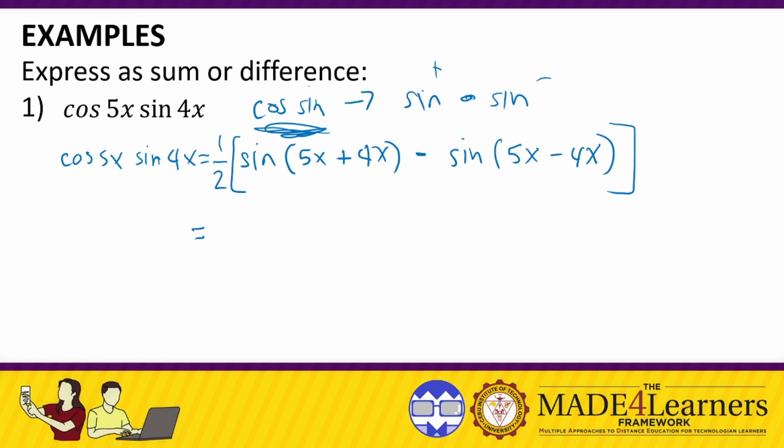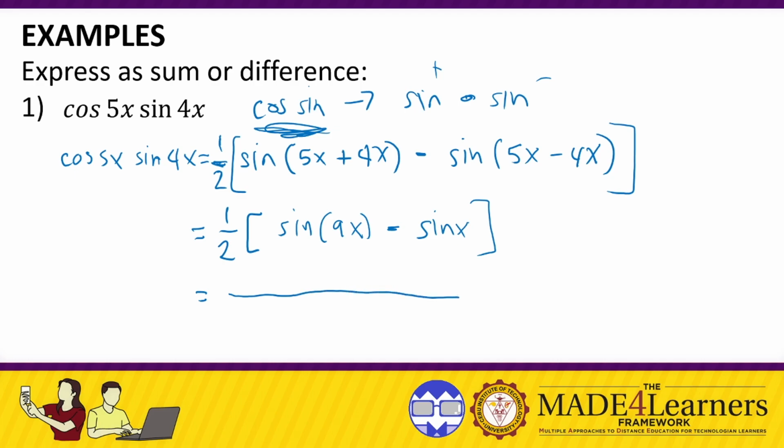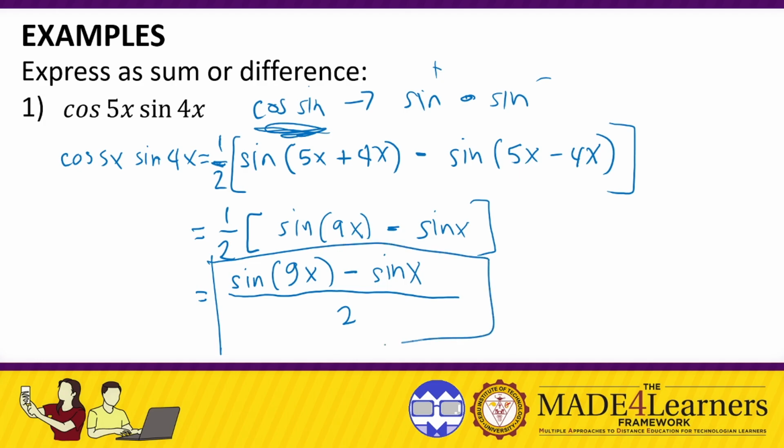If it's product sum, there is always a 1/2 here. Let's simplify further. We have 1/2 times the quantity sine 9x minus sine x, or we can distribute the 1/2 to get (sine 9x minus sine x) over 2. This is our final answer, so we have expressed it as a sum and difference.